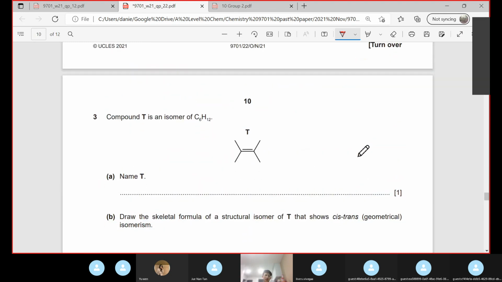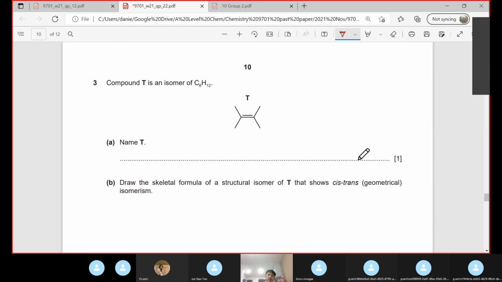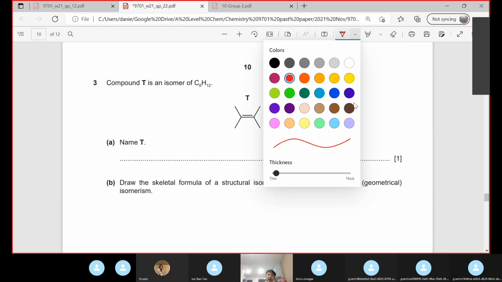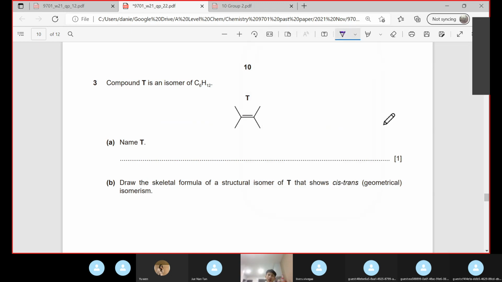Now let us quickly go through number 3. Name the T. This one is an alkene, right? So you should have ENE as your parent chain.